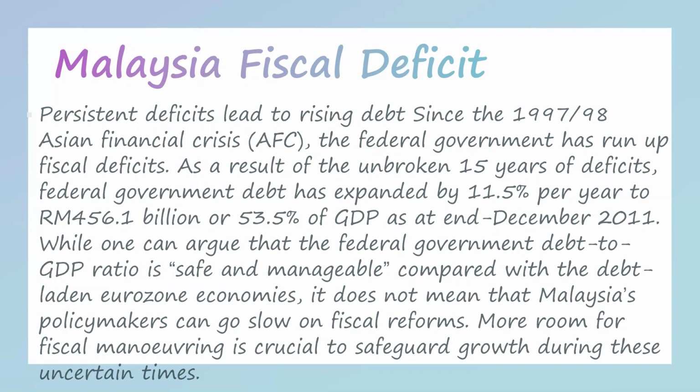Federal government debt has expanded by 11.5% per year to 456.1 million, or 53.5% of the GDP, as at end December 2011.